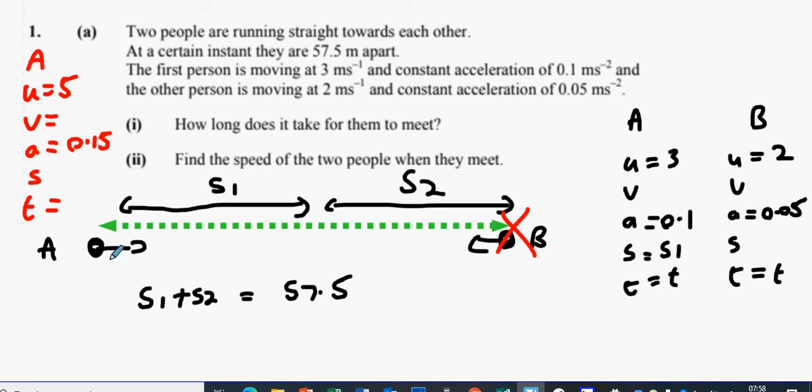So the distance is 57.5. And if you were to just do S equals UT plus half AT squared, that would do the job, and you get the answer right out.